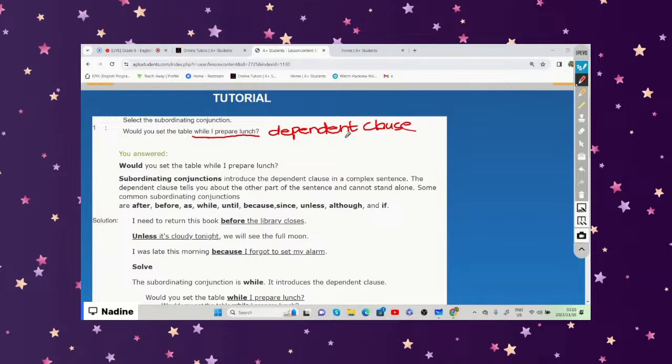And while is our subordinating conjunction that introduces the dependent clause.